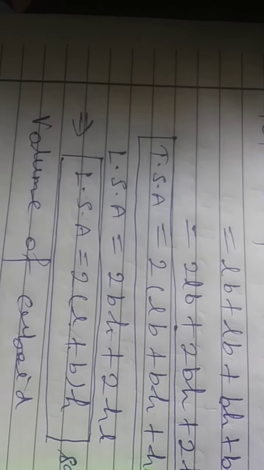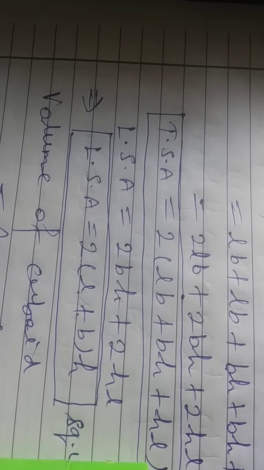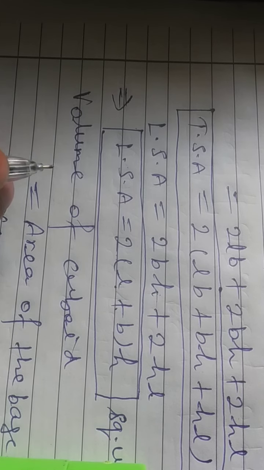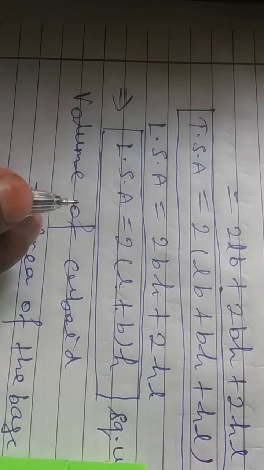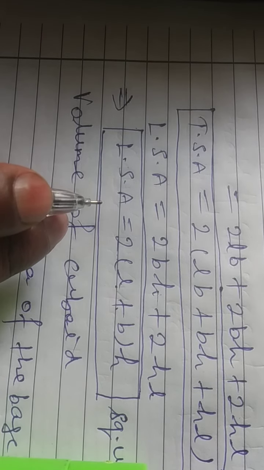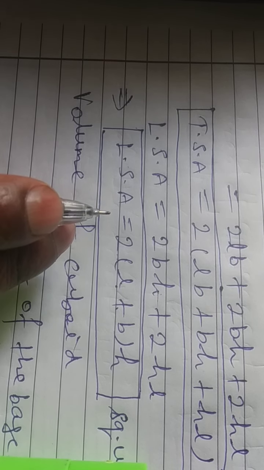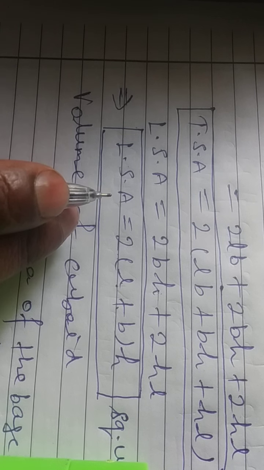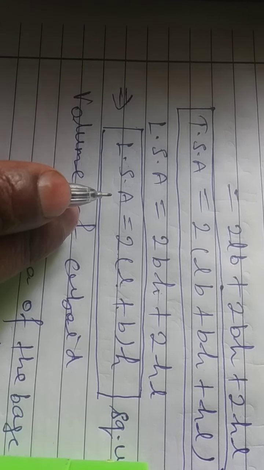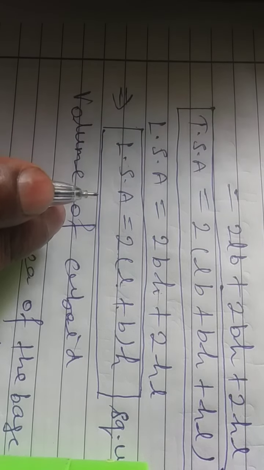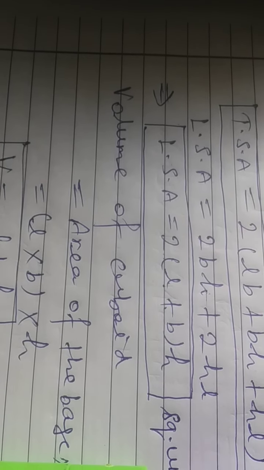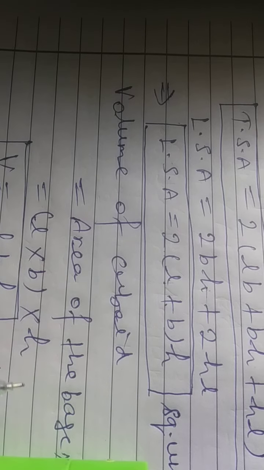And what about the volume of the cuboid? We know that volume is the space occupied by the solid figure. How much space is covered by this solid figure? We can also say that volume is a three-dimensional quantity, and hence the volume of a cuboid will be area of the base into height.